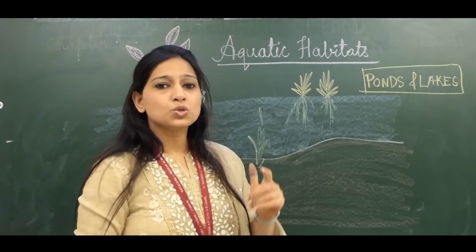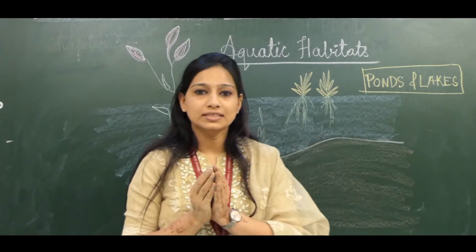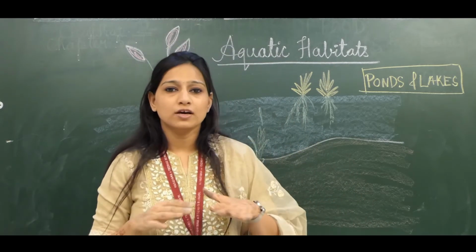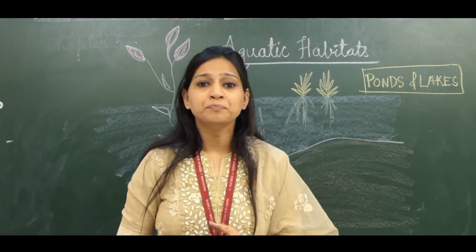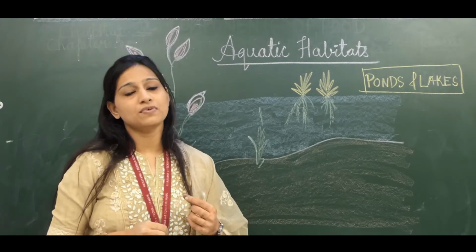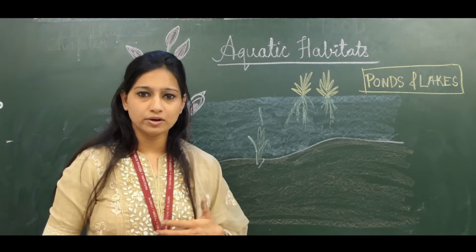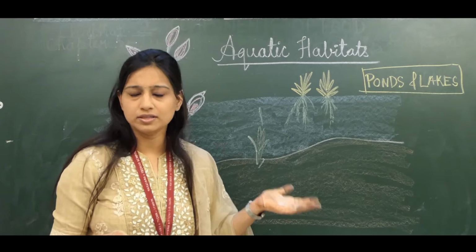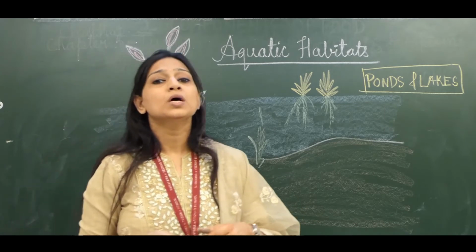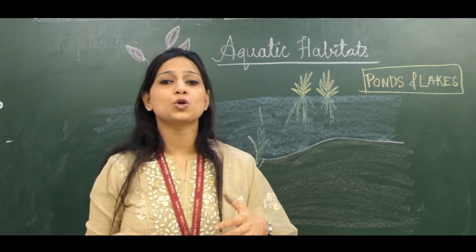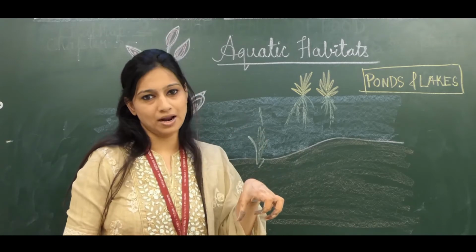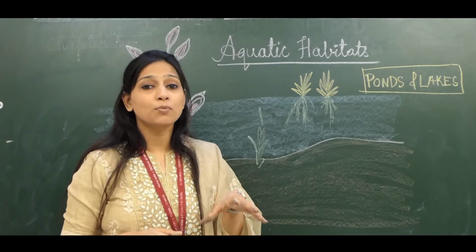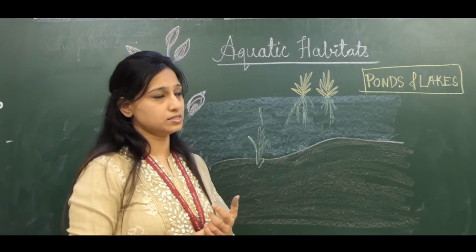Generally on terrestrial habitats, the roots have a very important function to absorb the water and minerals, right? But these plants are completely inside water. They do not have any lack of water. So in these plants, the main function of the root is to hold the plant.